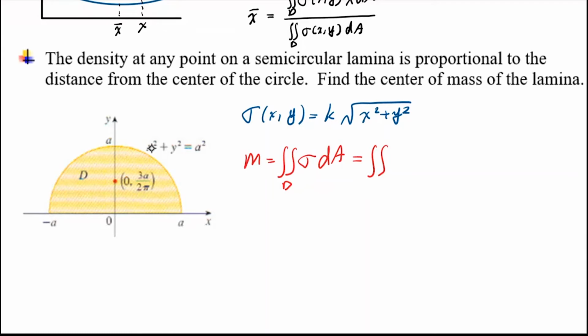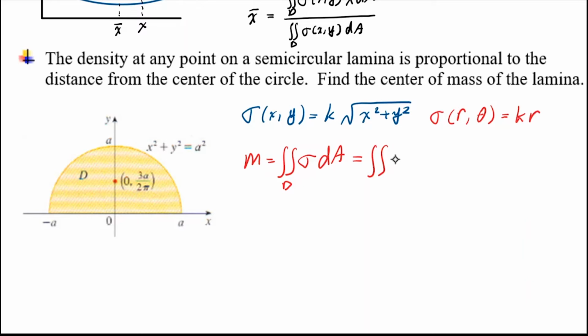The shape of the region tells you that, of course, we should go polar. So what is sigma in polar coordinates? In terms of r and theta, that's just kr, huh? Ain't that convenient? More the reason to go polar.